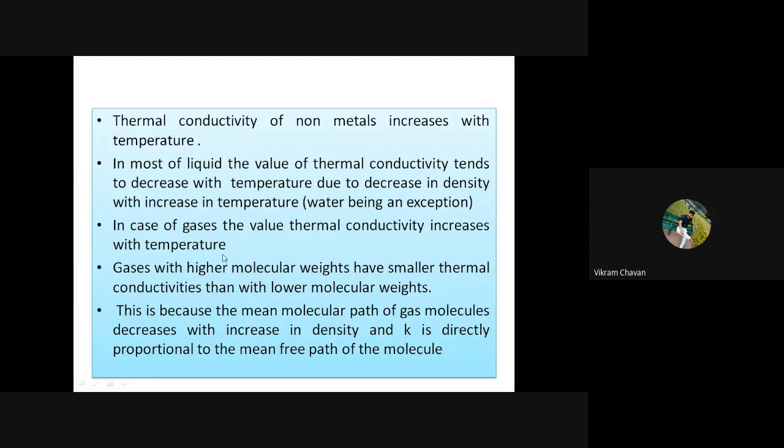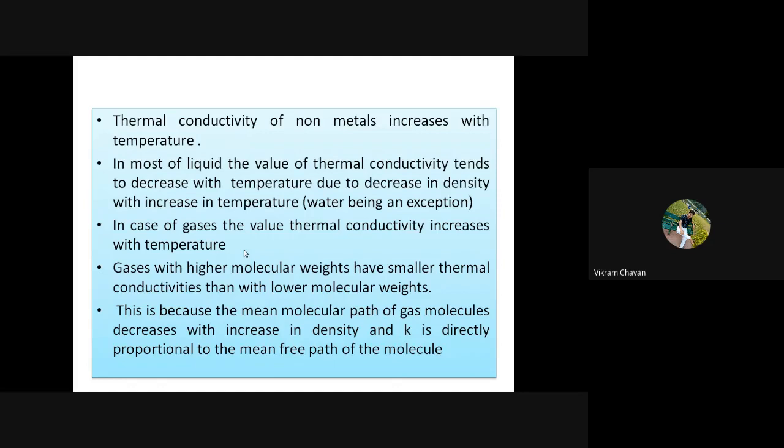Why will it happen? Because we discussed that the molecules of gases or air are moving randomly, and the kinetic energy of gases plays a very important role. As we know, at low temperature the kinetic energy of gases is very low.